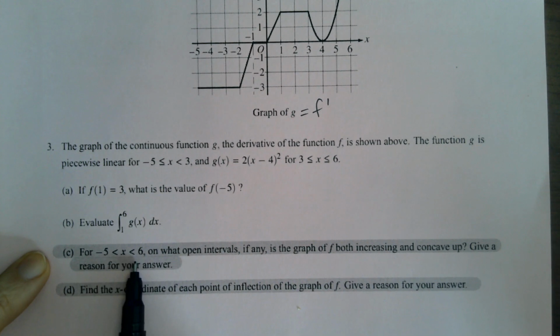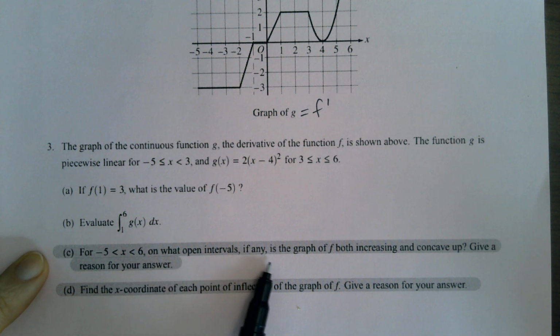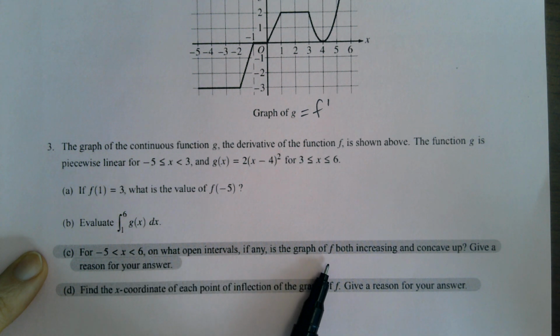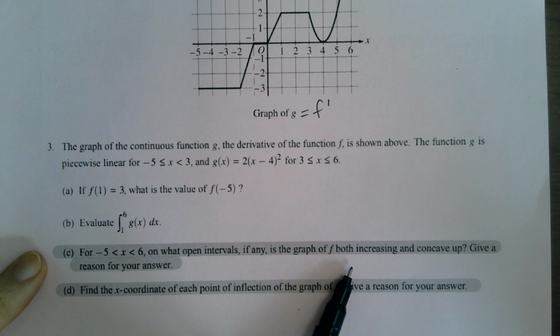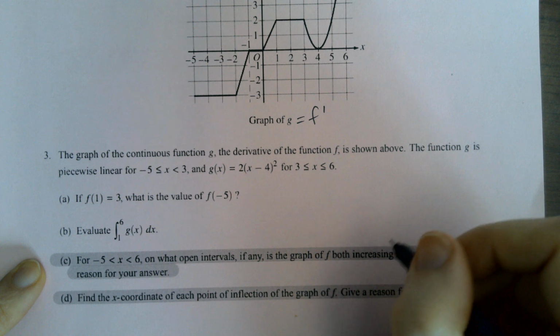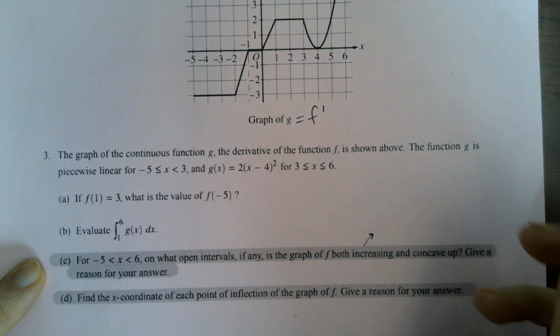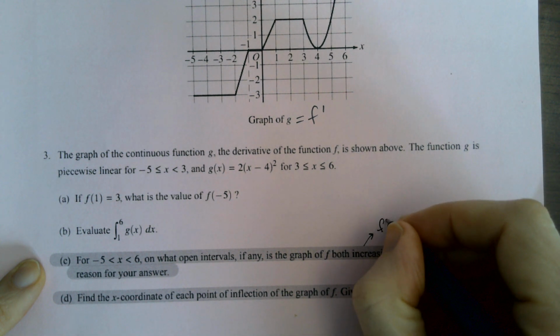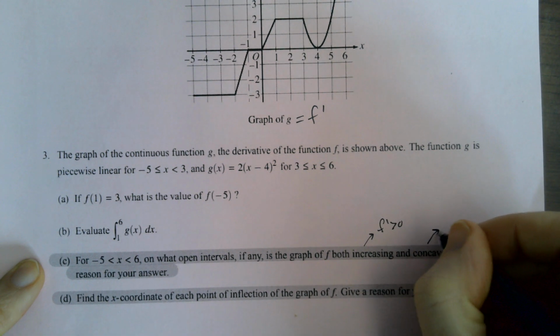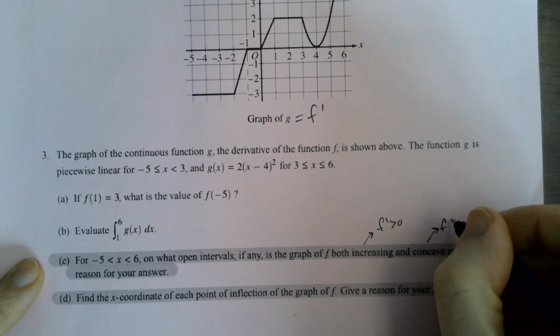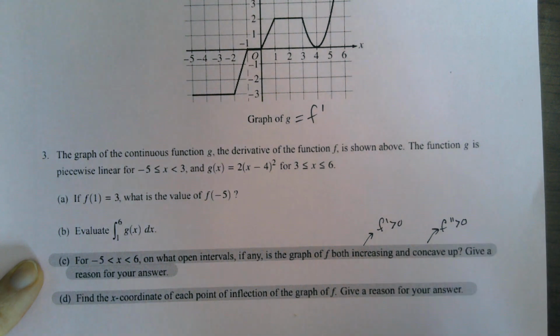So for -5 to 6, on what open intervals, if any, is the graph of f both increasing and concave up? Give a reason for your answer. So f increasing would mean f prime positive, and concave up would mean f double prime positive.